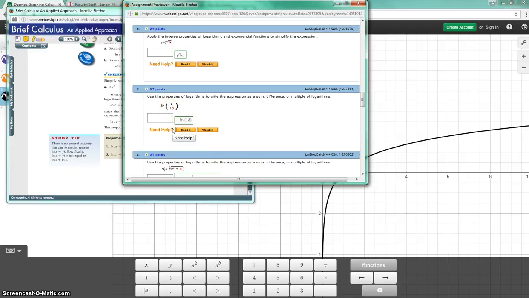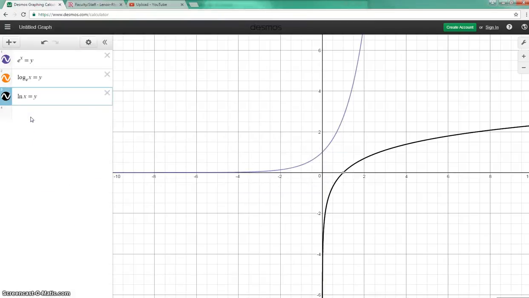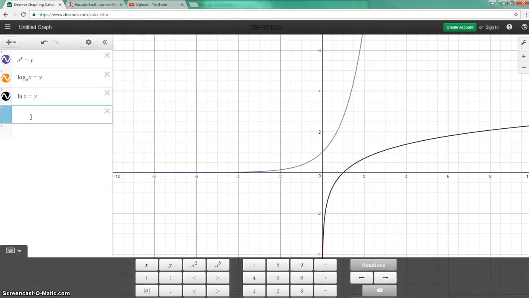If you explore a little bit, you'll find out that the natural log of 1 is 0, because anything raised to the 0 power is equal to 1. So log base 5 of 1 equals 0. So whenever you have log base 5 of 1 or natural log of 1, you're always going to get that exponent, which is 0.